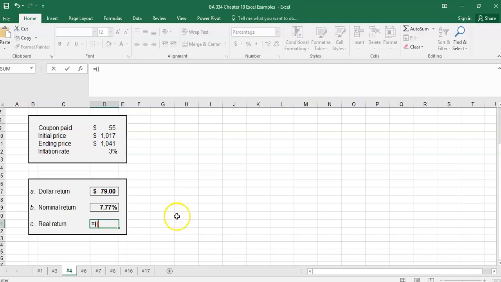So nominal return plus 1 divided by 1 plus the inflation rate minus 1. So our real return on this, taking inflation into consideration, is 4.63%.